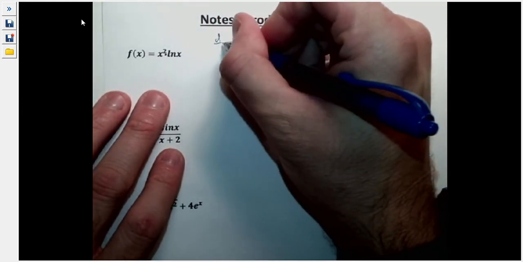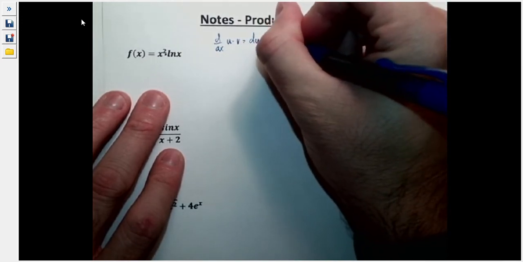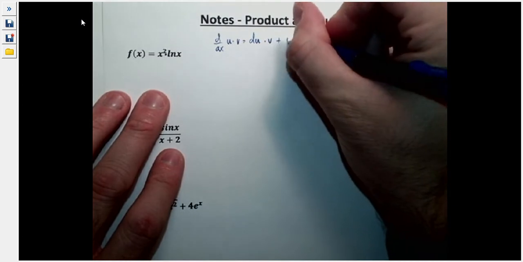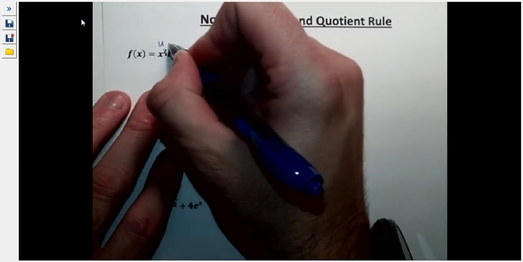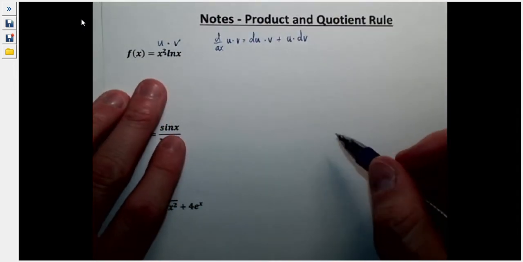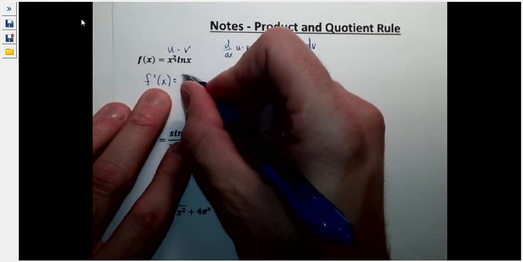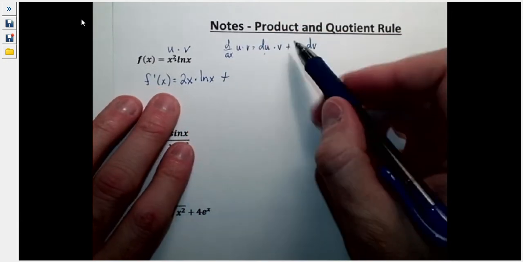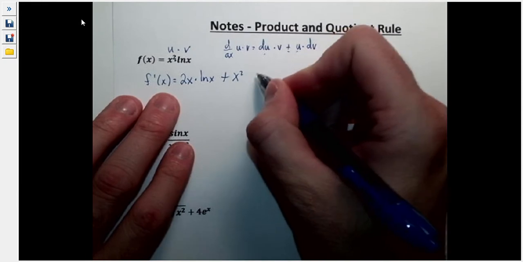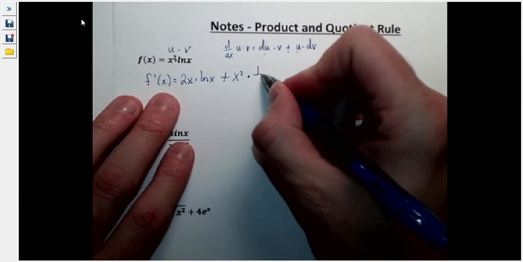And again, the derivative of u times v is du times v plus u times dv. Okay, so this is my u, this is my v. Okay, so f prime of x is equal to derivative of u, the derivative of x squared, 2x times v, which is the natural log of x, plus x squared times the derivative of v, the derivative of the natural log is 1 over x.